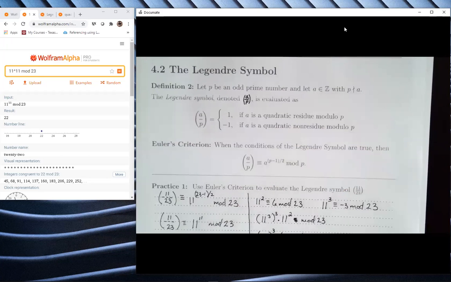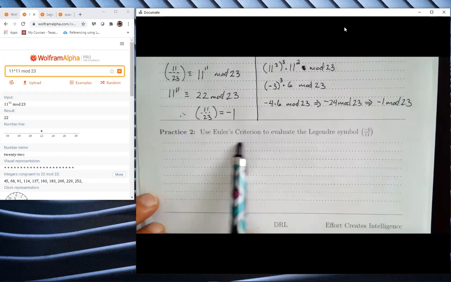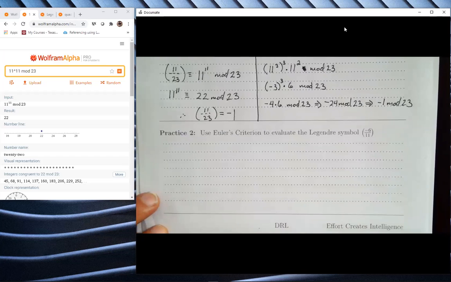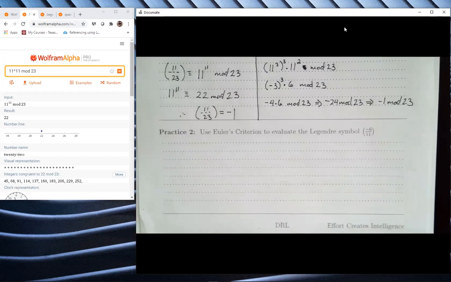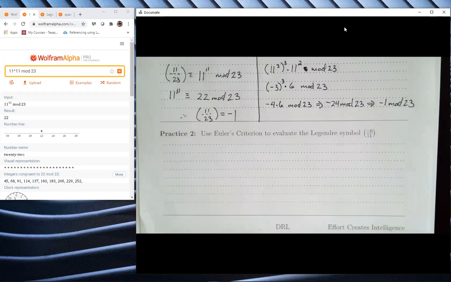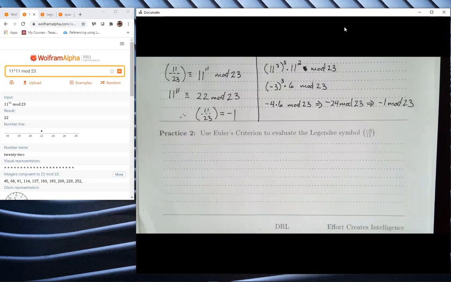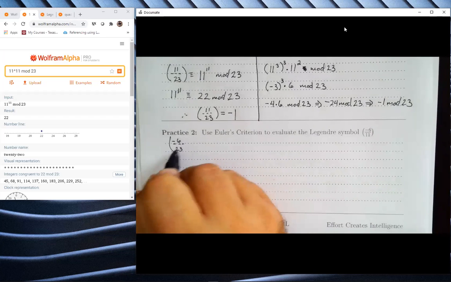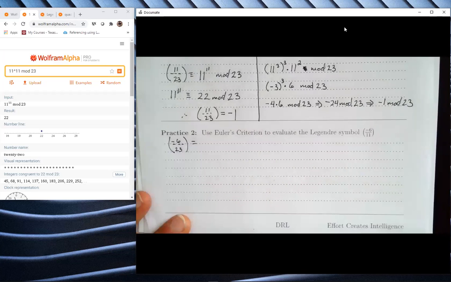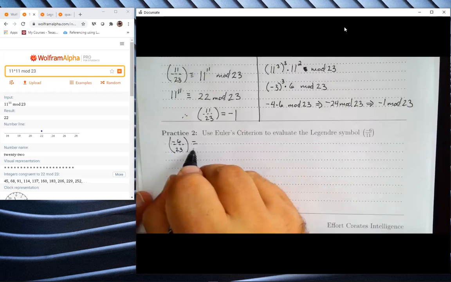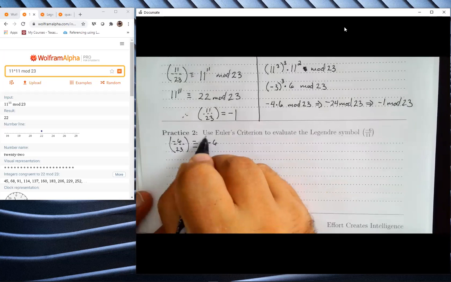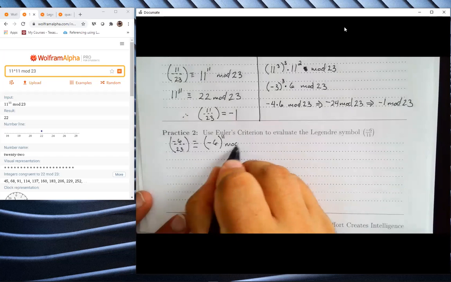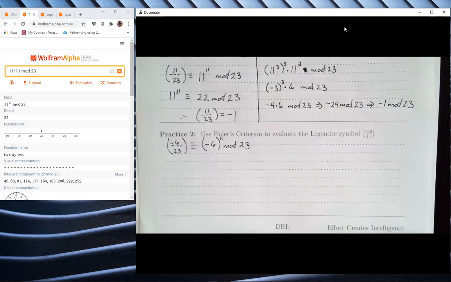Okay? So our next practice will be to use Euler's criterion to evaluate the Legendre symbol of -6 and 11. So how would we approach that? Well, we know by Euler's criterion that the Legendre symbol of -6 modulo 23 can be evaluated as -6 raised to the 11th power modulo 23.